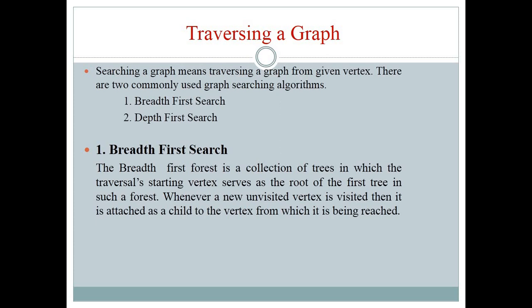Breadth first search: a breadth first forest is a collection of trees in which the traversal starting vertex serves as the root of the first tree in such a forest. Whenever a new unvisited vertex is visited, it is attached as a child to the vertex from which it is being reached. Okay, so this is the definition of breadth first search.